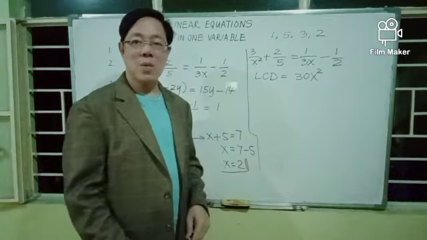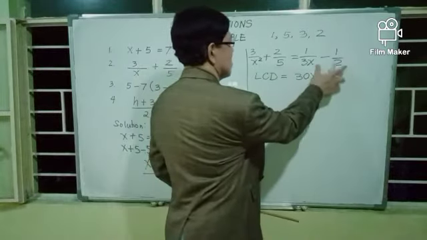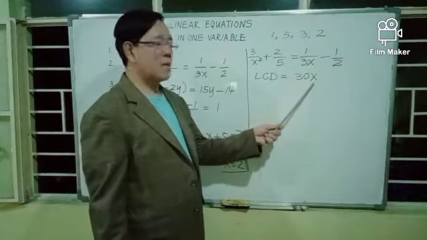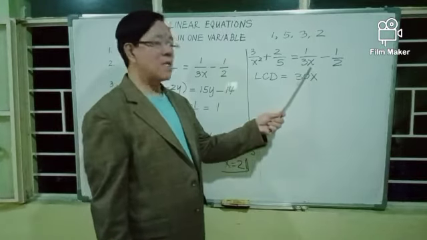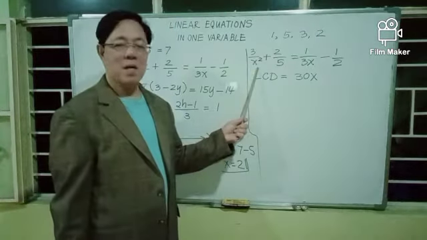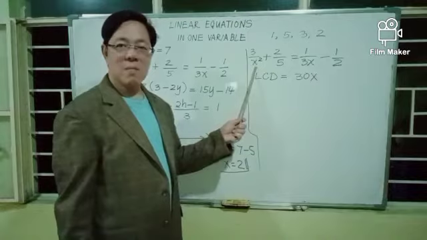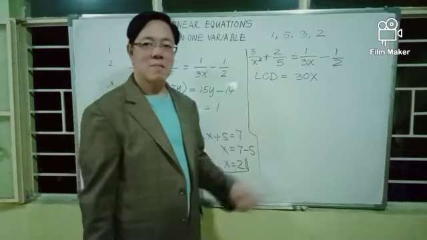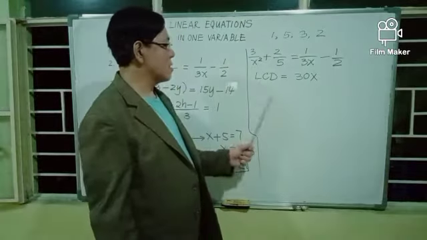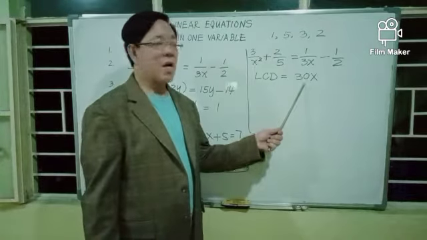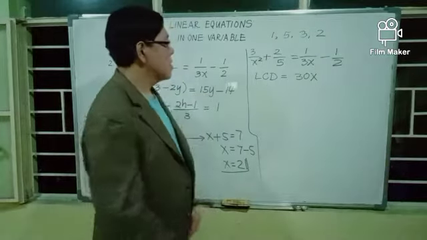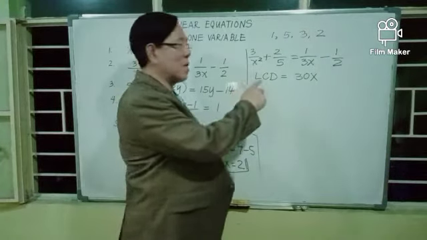If you simply take x, x in the LCD can be divided by x, but x in the LCD cannot be exactly divided by x squared. So we take x squared for the LCD and multiply it by 30, the LCD of the constants and the numerical coefficients.